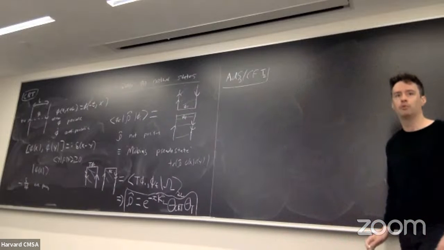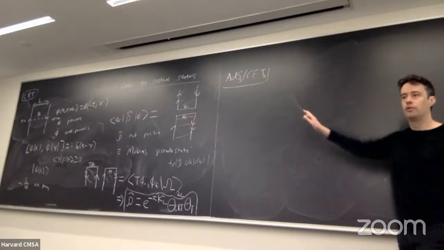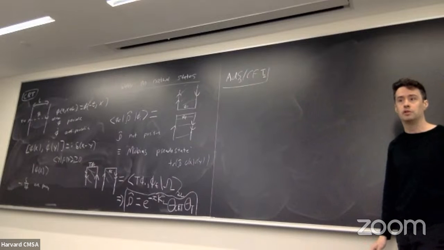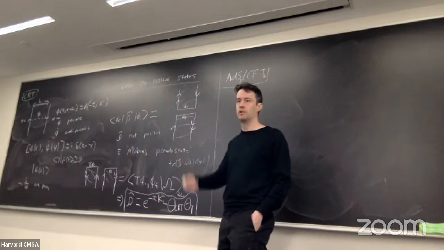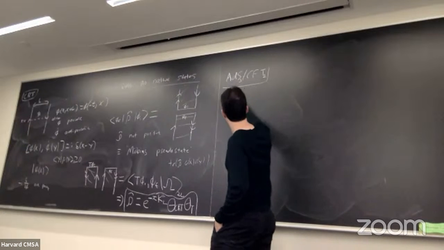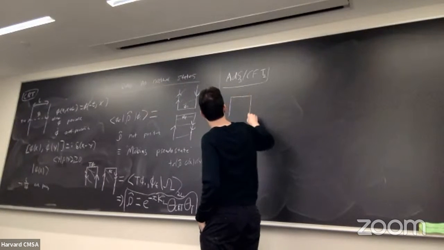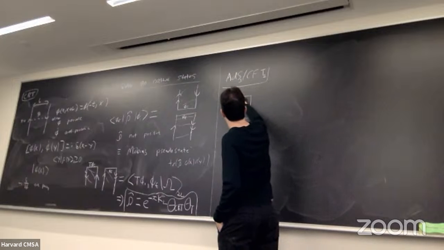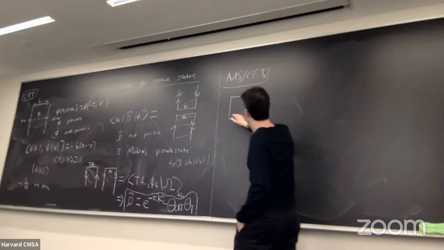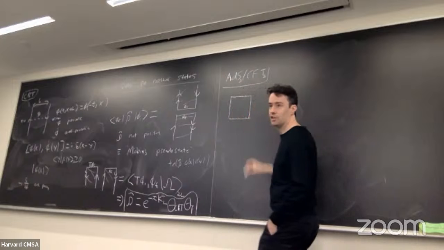So let me first remind you of some standard thing in AdS3, which is the BTZ black hole. The BTZ black hole is the AdS3 version of the Schwarzschild geometry. In Lorentzian signature, it has a Penrose diagram like this, where there is a singularity here, which is really in the BTZ case a conical singularity.